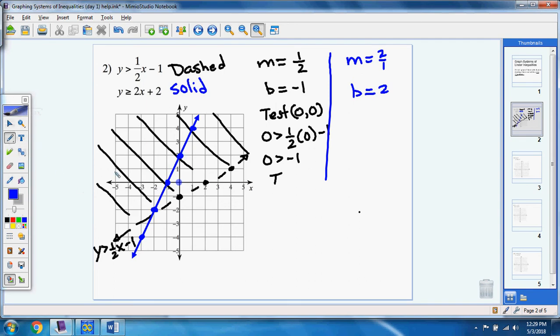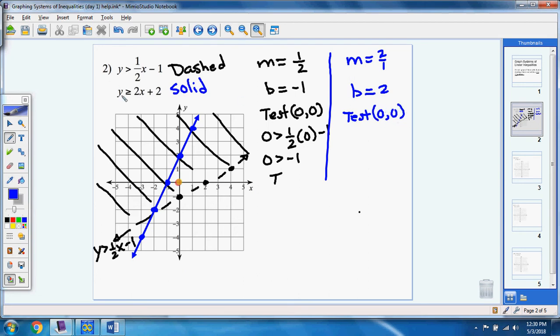Now, I can still use the same highlighter dot if you notice, or you can change a color if you have a different color you want to use. Whatever. But again, you're still using the origin. But notice where the origin is located. So I'm going to go ahead and test the origin again. Test 0, 0.